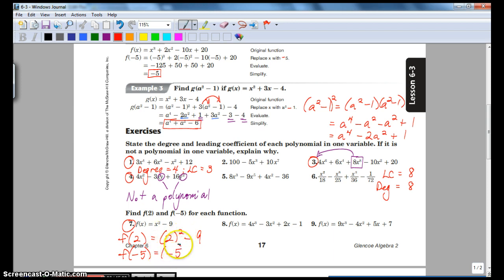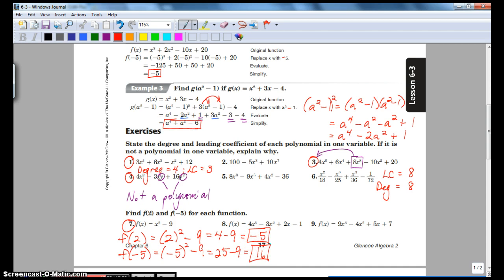Similarly with -5, plug it in parentheses. So then 2 squared, of course, 4, minus 9, -5. -5 quantity squared, 25, minus 9, 16.